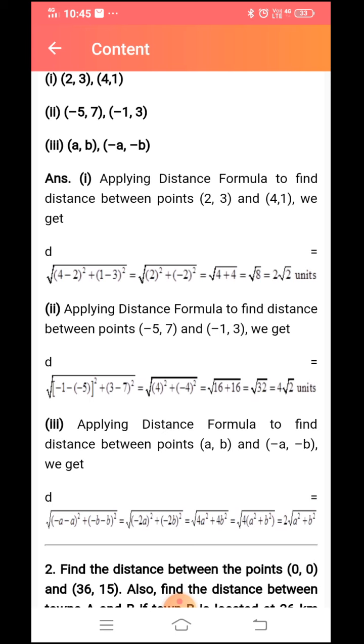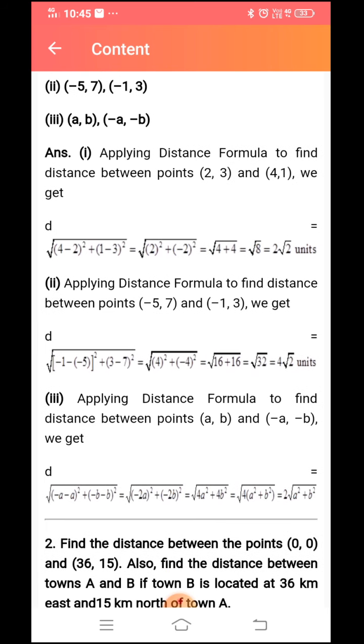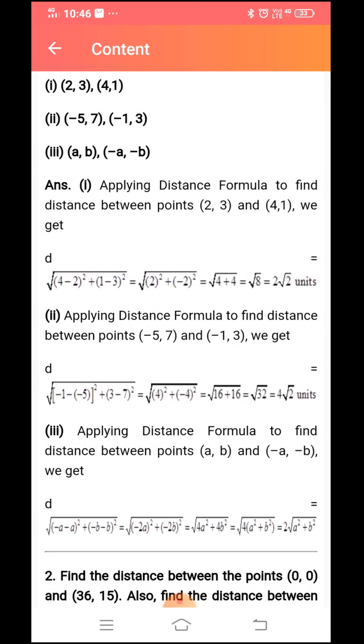What is 2 minus 4? It is minus 2. While squaring minus 2, what do you get? 4. The same way, y1 minus y2: 3 minus 1 is plus 2, 2 squared is 4. You will get the same answer. So however you write that formula, you will get the same answer. Out of the two ways, you can use any one way.